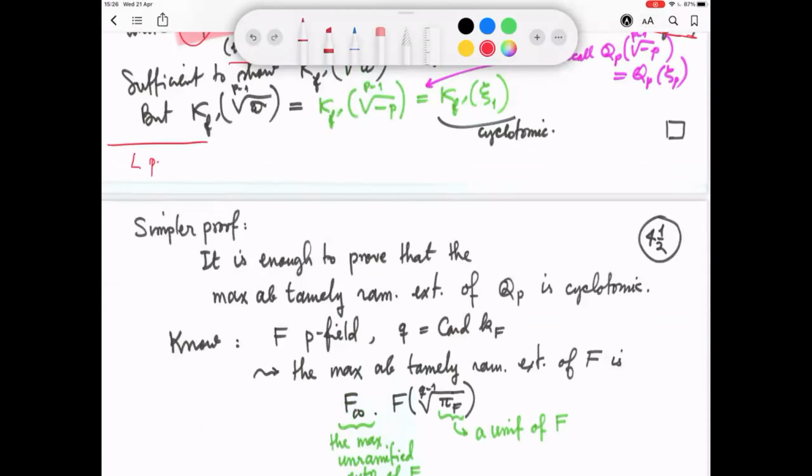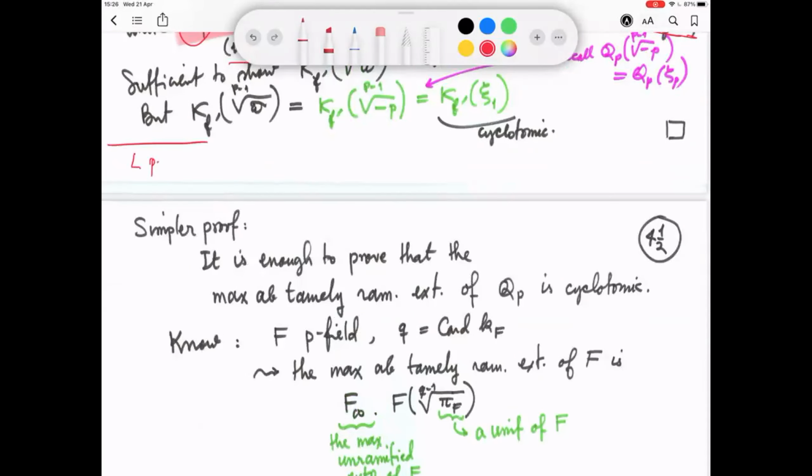Okay, so briefly, we know that this maximal abelian extension, which is tamely ramified over Q_p, is obtained by adjoining... to the maximal unramified extension of... Okay, so here's some generality which is being said.